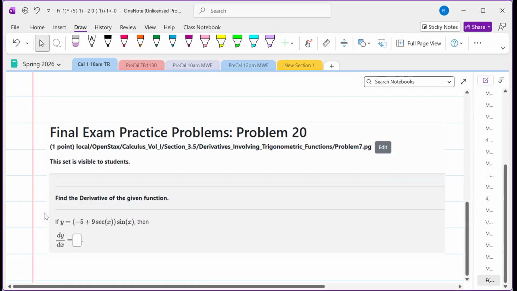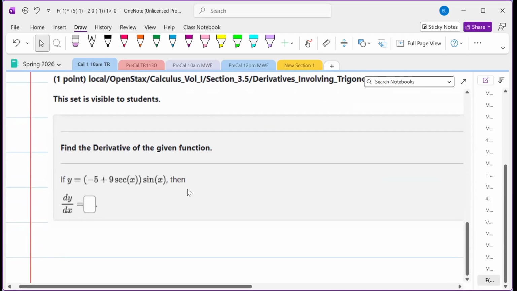So we're definitely going to have a question that's just going to ask you to compute some derivatives. So this one here, a little ugly, but workable. We've got to remember our trig derivatives, but this setup here is also a product rule.